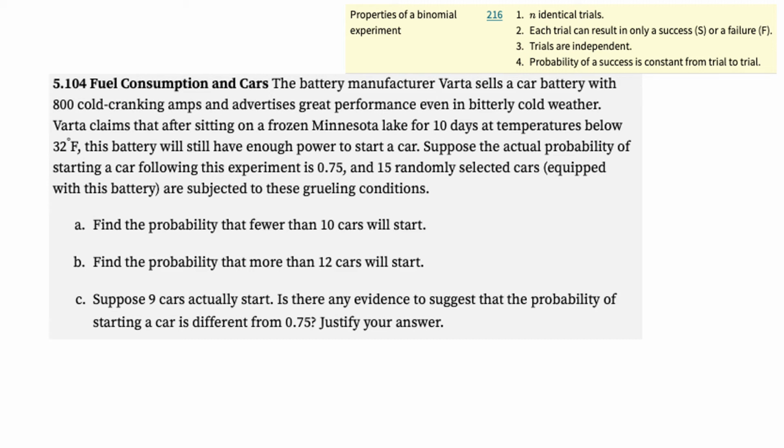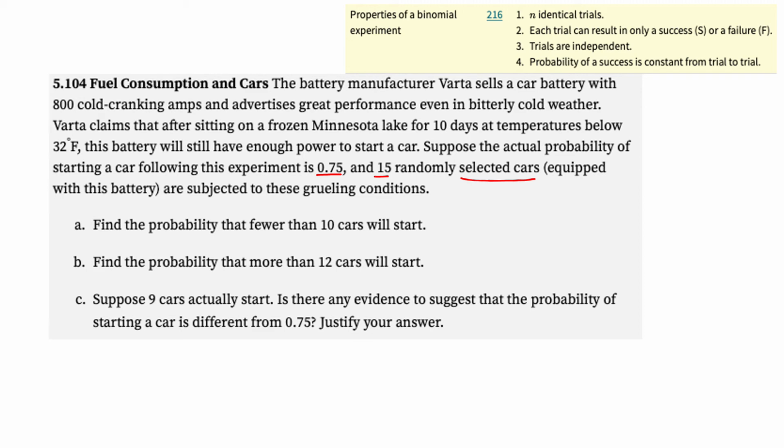So the first thing we're looking for is n identical trials, a fixed number of trials, and we have that right here with 15 selected cars. Each trial can result in only a success or a failure. These cars can either start or not start, and we know the probability that this will happen.